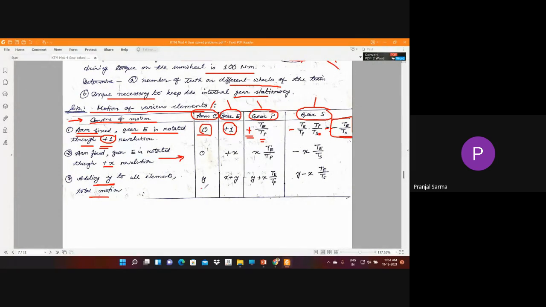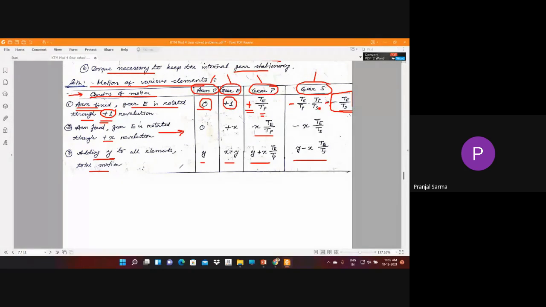So 0 plus y equals y, x plus y equals x plus y, this plus y equals y plus this, and the total for gear S becomes y minus this. In tabular form we are finding out, in terms of x and y, the different types of motion that will be there.